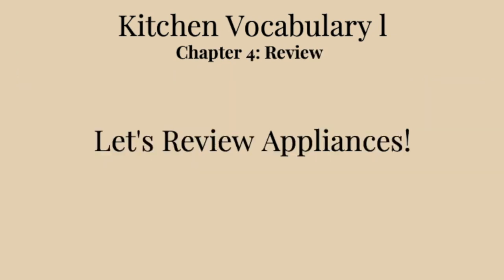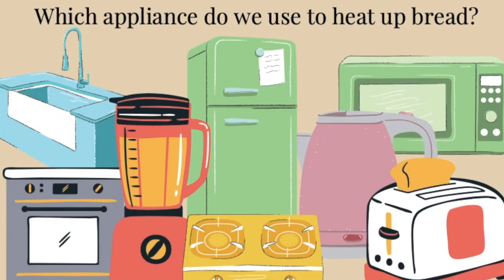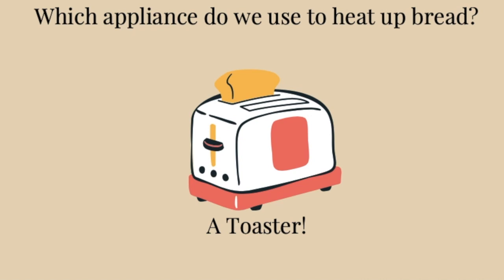Review. Let's review appliances. Which appliance do we use to heat up bread? Take a few seconds now to think of the name of the appliance we use to heat up bread. A toaster. Okay, so this is how the review will work.